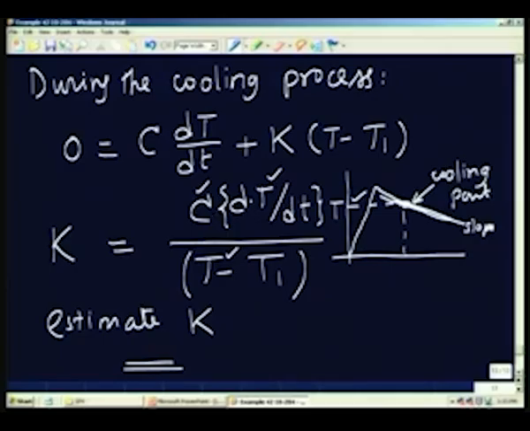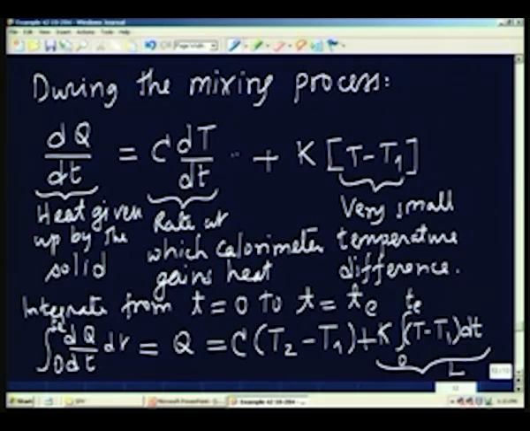Therefore, I get C into dT/dt divided by (T minus T1) equal to K. This K is going to be used in the earlier expression. That means, here I am going to put that value of K. So, use the estimated K.